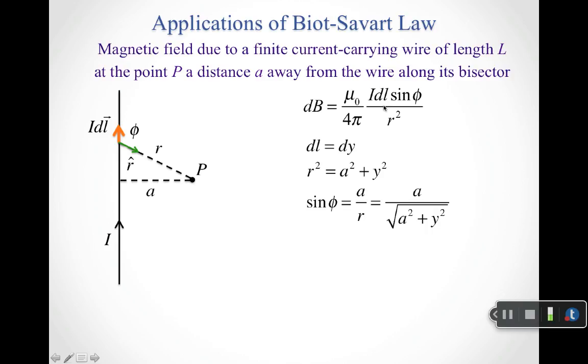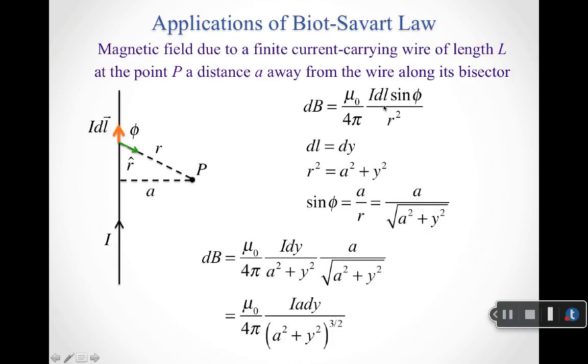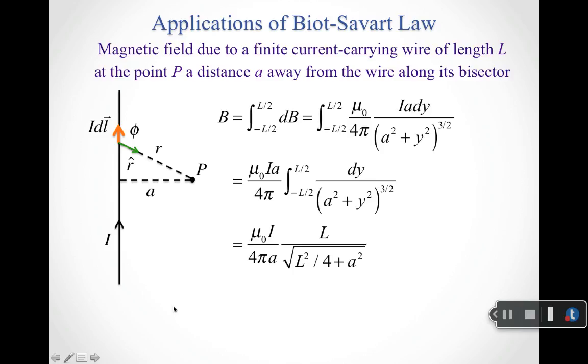So here are the three pieces that I need to plug into dB. There's my mu naught over 4 pi, there's I, now I've got dy over a squared plus y squared, times my sine term, which is a over the square root of a squared plus y squared. And again, I simplify this down, so I've got mu naught over 4 pi, I, a, dy over a squared plus y squared to the 3 halves. So this is the expression that I now want to integrate.